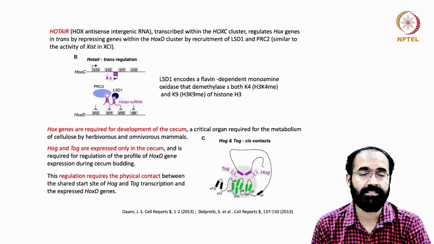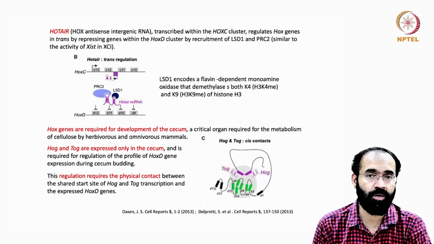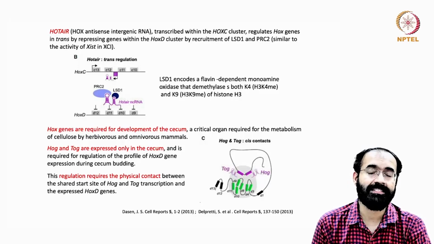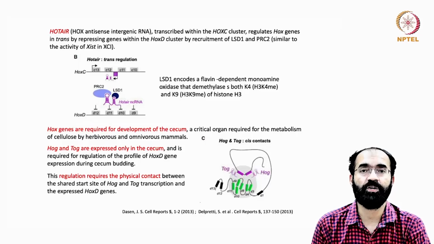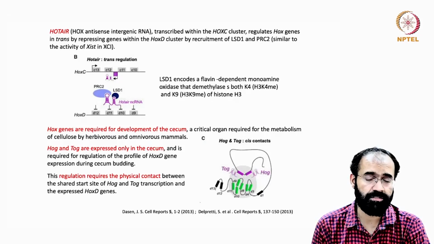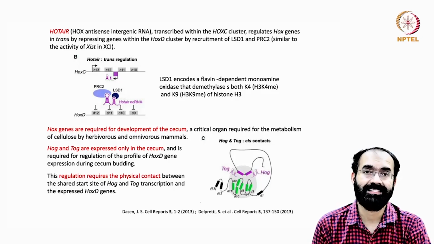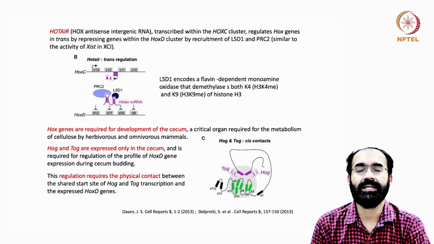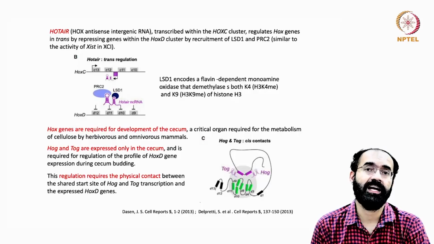Let us assume segment 1 needs HOXC, and HOXD also has a potential to express, then segment 1 will have both HOXC as well as HOXD. So this will give a confused identity to the segment.